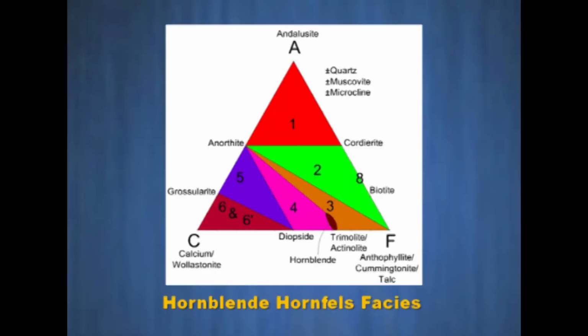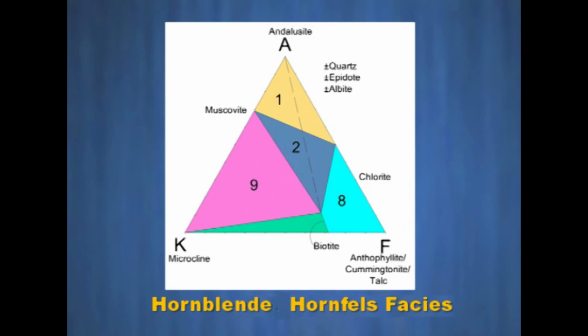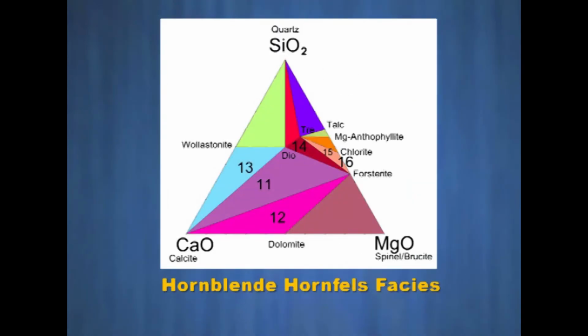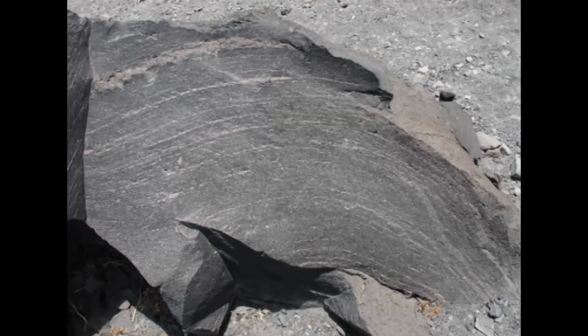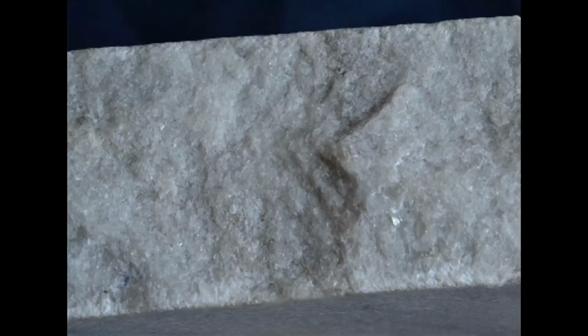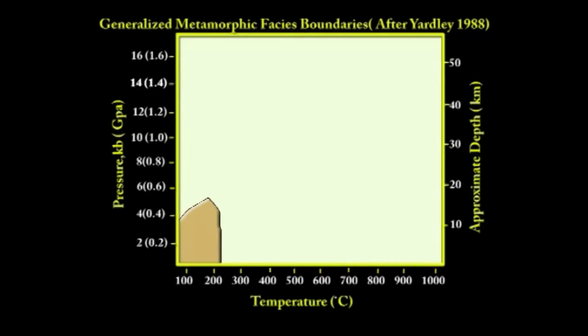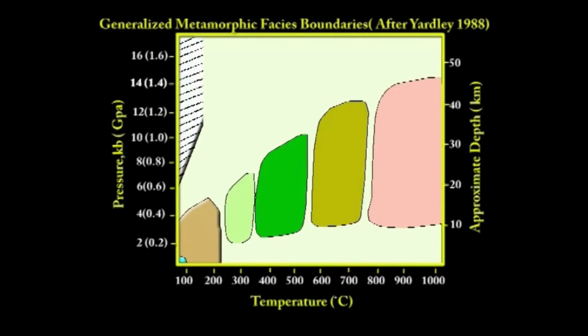The course content of metamorphic low pressure facies begins with the introduction, followed by the description of hornblende hornfels facies, the important characteristic minerals in this facies, the chemographic phase relations with the help of ACF, AKF and CaO, MgO, SiO2 diagrams, and the mineral assemblages for the pelitic, basic and calcareous rocks, and finally the physical condition of metamorphism during hornblende hornfels facies.